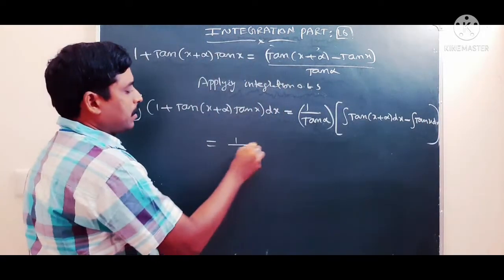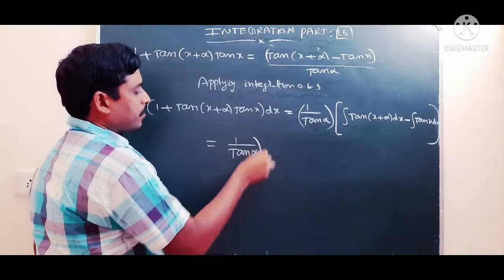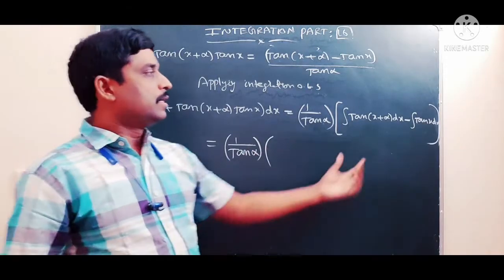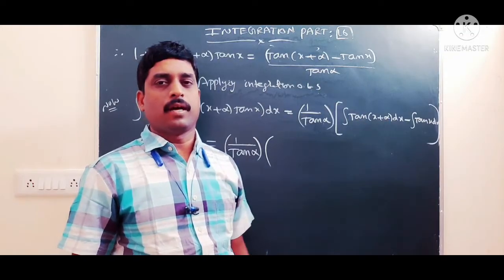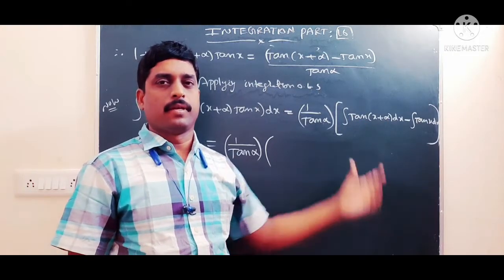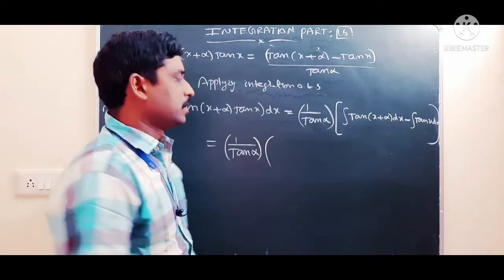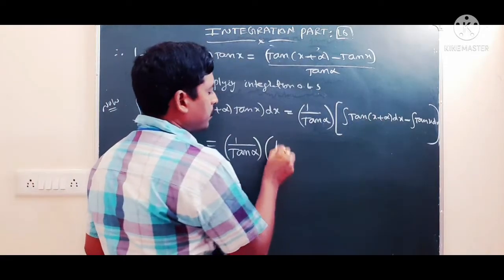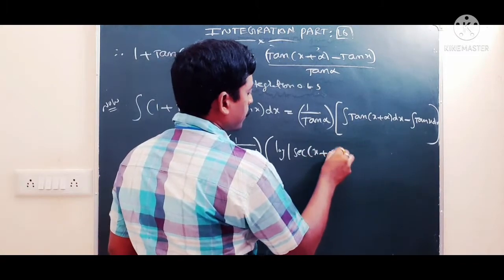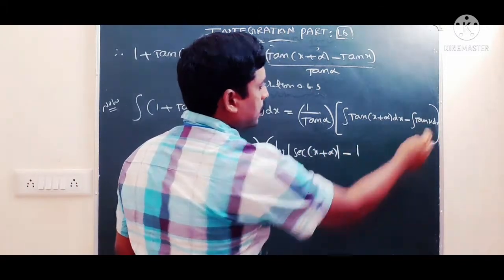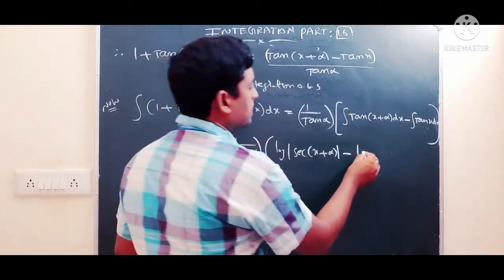We have 1 by tan alpha, integral tan function. Integral tan theta is equal to log secant theta, so integral tan x plus alpha is log secant x plus alpha. Integral tan x, this formula is log secant x.